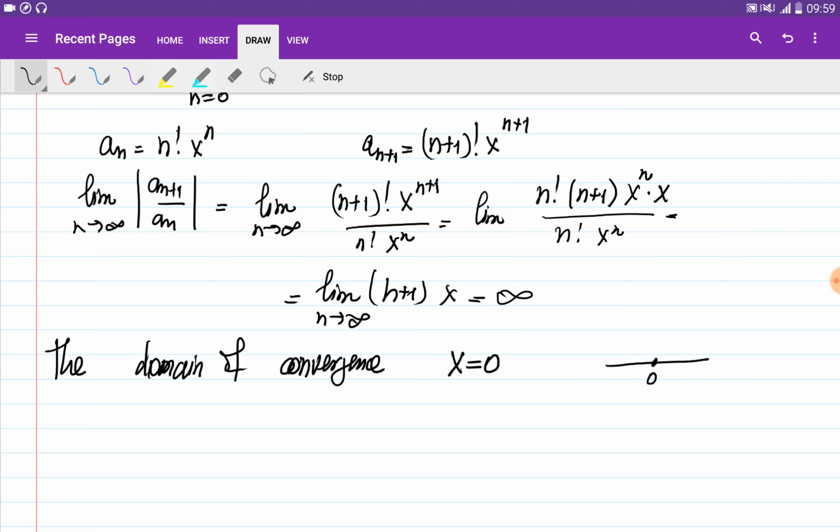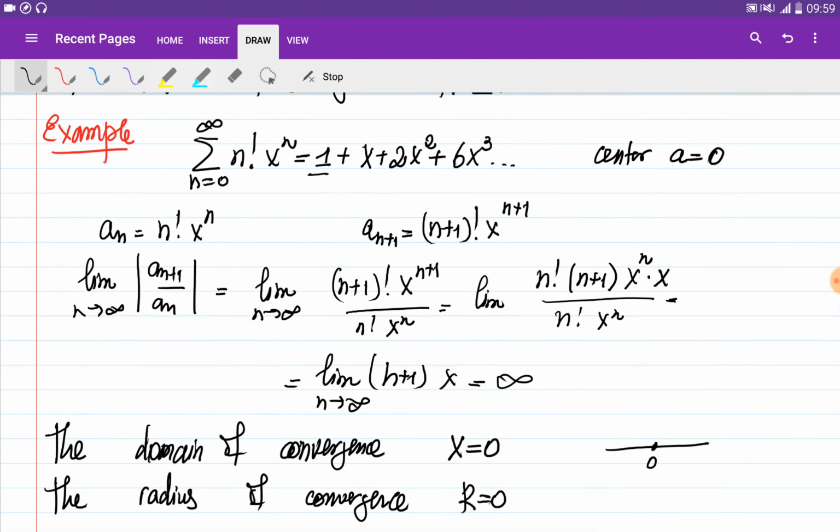The maximum distance which we can travel inside the interval of convergence is 0. So that is why the radius of convergence r is equal also to 0. So this example shows us that power series are always convergent, at least for 1 point.